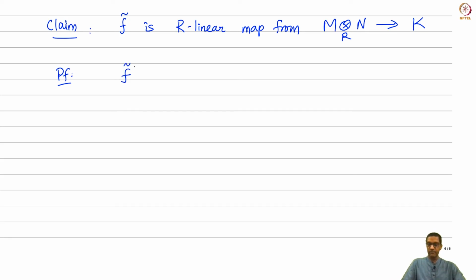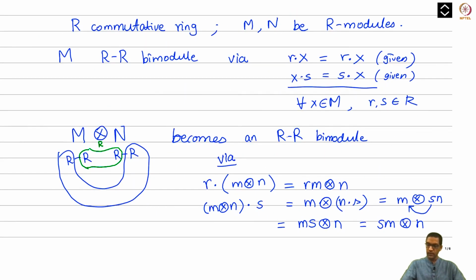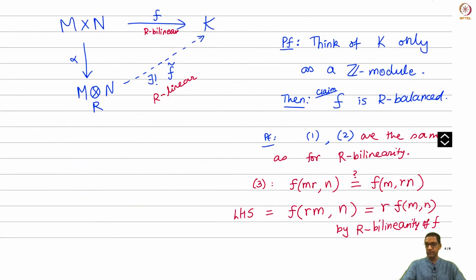Okay, so I will take f tilde. Let me take a typical generator m tensor n, and I will hit it by r and see what I can get out of it. So, well, this by definition is f tilde of, so how do you take m tensor n and multiply it by r on the left? What's the R module structure? This is what we looked at in the beginning. An R module structure is you can multiply, say, the first component by r, or you can also multiply the second component, and you give the same answer.